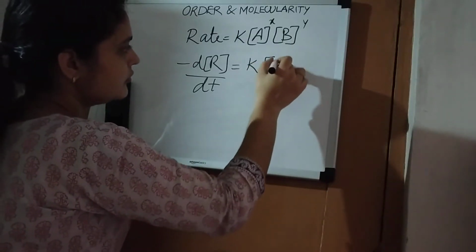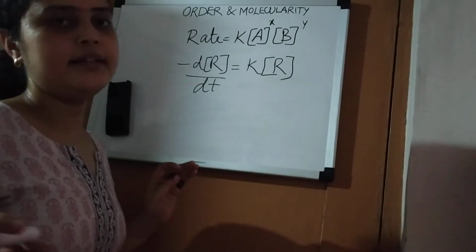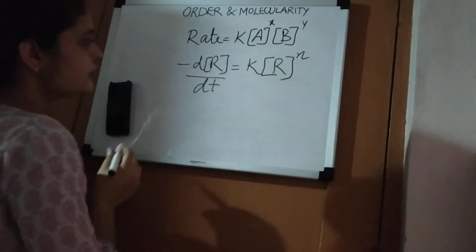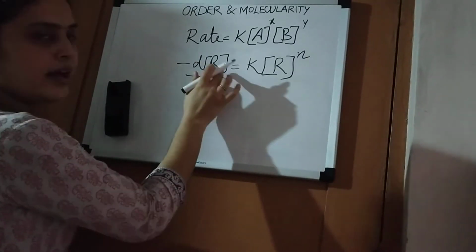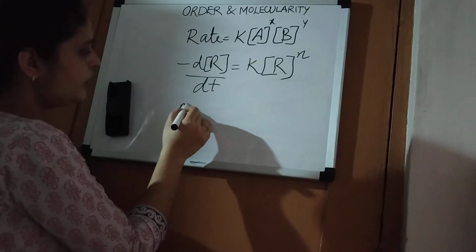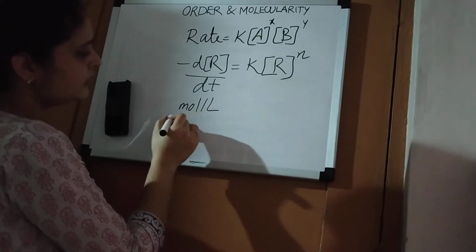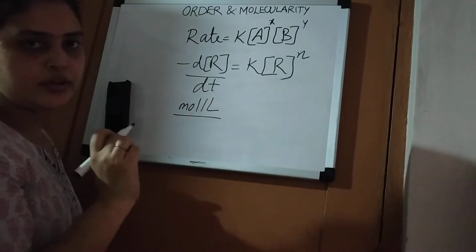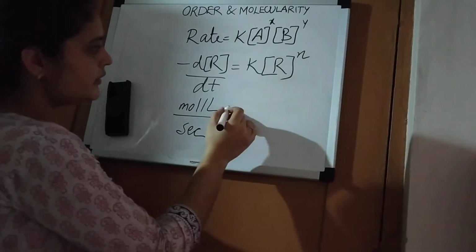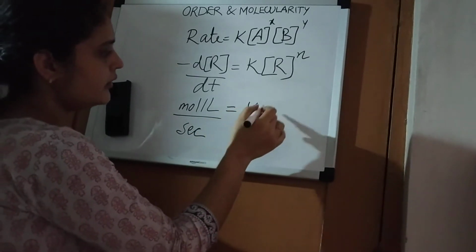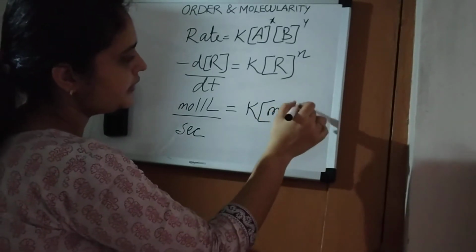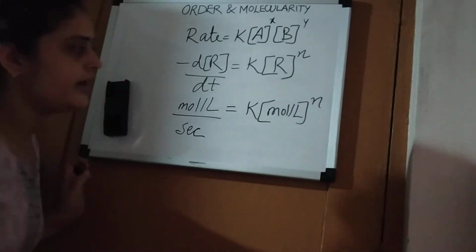So write this as R, the reactant concentration, and x plus y will give you n, right? So this has the concentration unit, let us write it as mole per liter. This is the time unit, preferably seconds. Then for k, here also the concentration unit will be mole per liter to the power n, right?